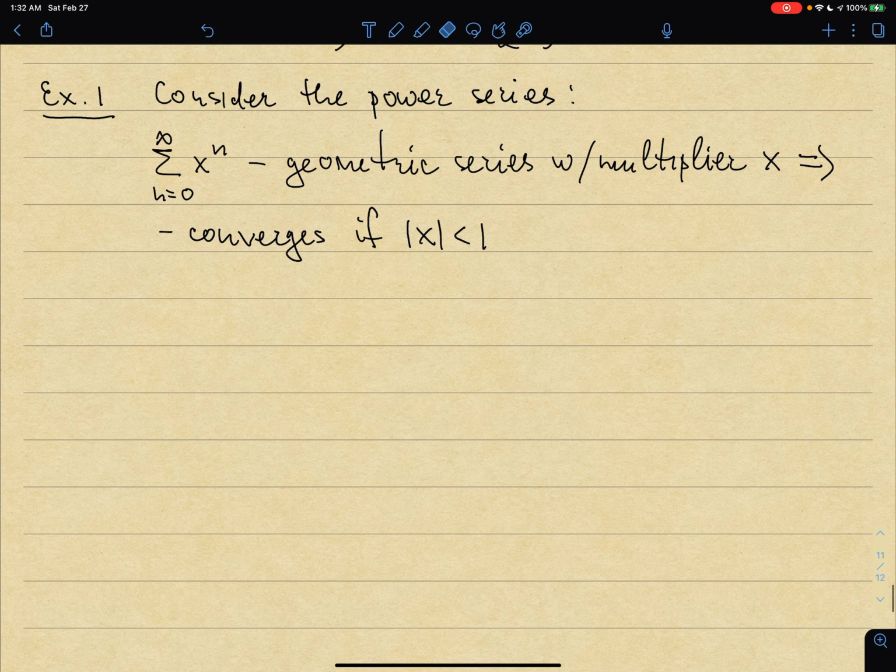So then the radius of convergence here is 1.